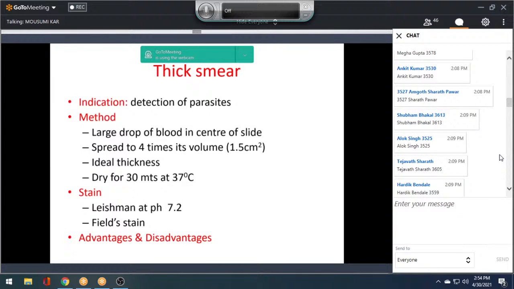Another thing that you do is a thick smear. The only purpose of thick smear is to see whether there is a parasite or not. So what do you need to do? Parasite is inside where? Is it in the RBC or is it in the WBC or is it in the platelet or is it lying outside? What do you think?